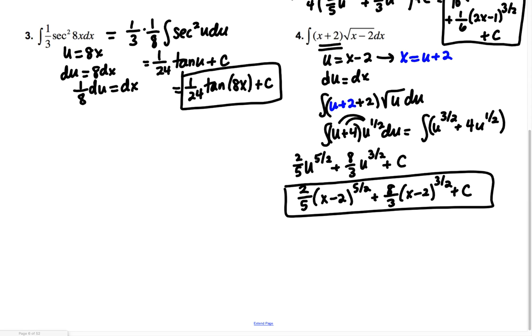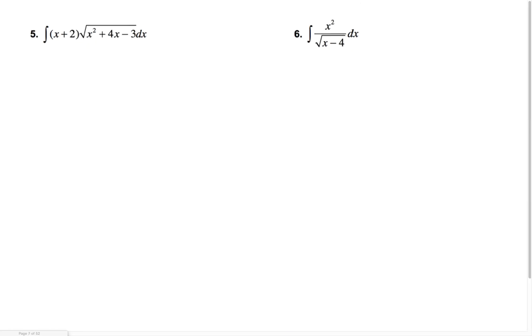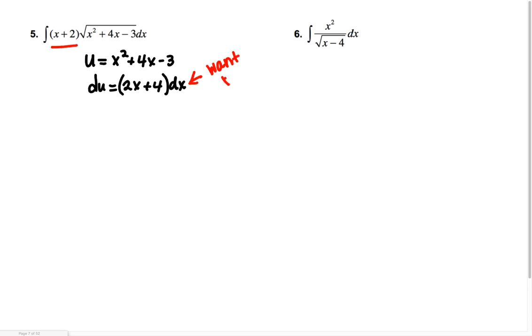All right, mentioning a couple more things. So number 5 and 6 on the next page. On this one, we would let our u be x squared plus 4x minus 3. Our du then becomes 2x plus 4. This is almost what we want. We wanted x plus 2 times dx, right?